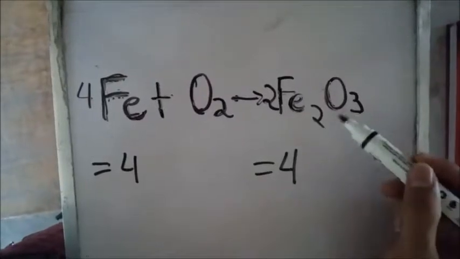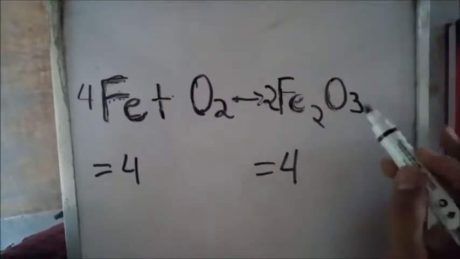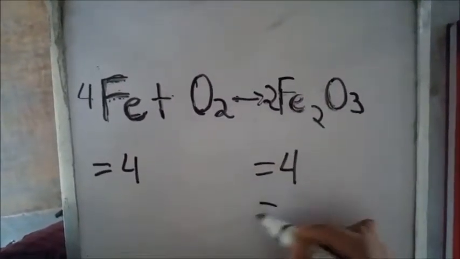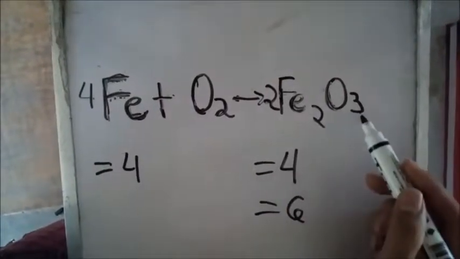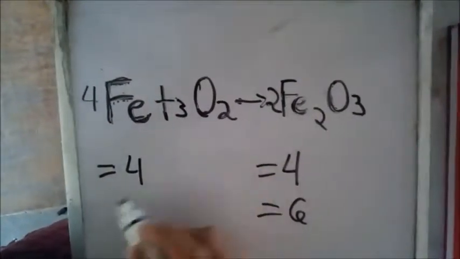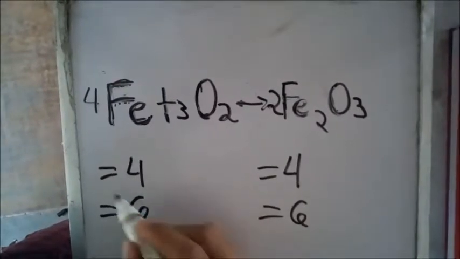Then the oxygen on the right side is 6 because 2 times 3 is equal to 6. And you must add a 3 here so that it will also equal 6.